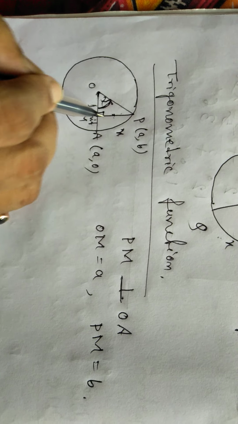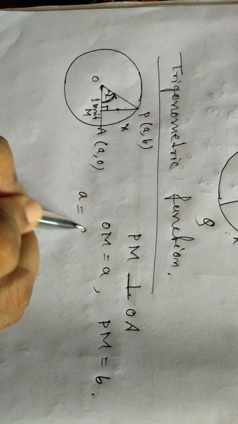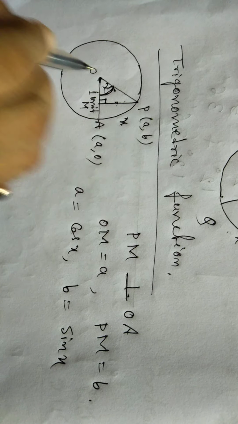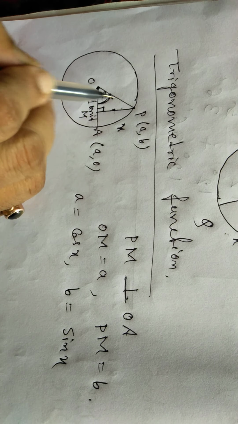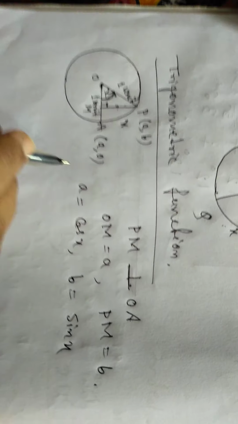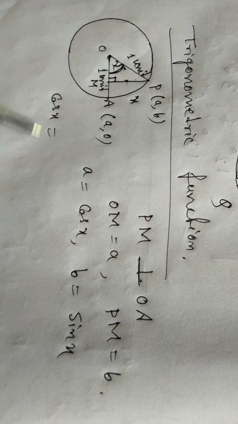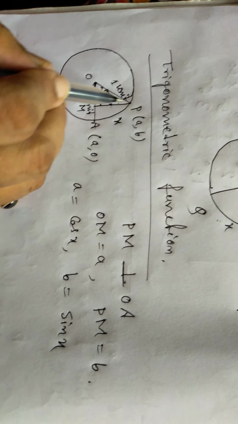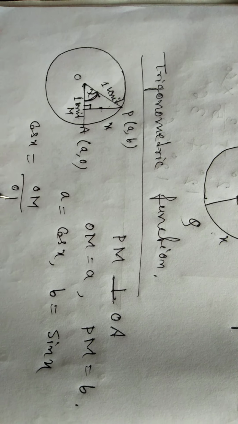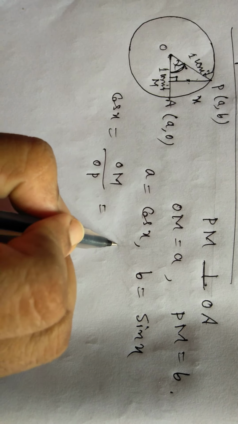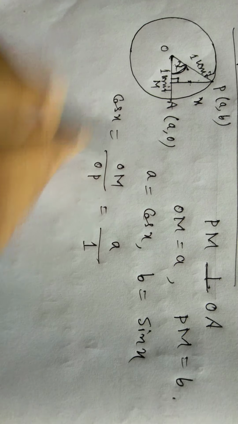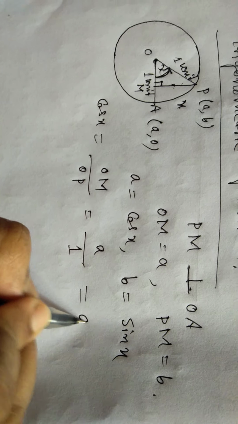So here we can write a equal to cos x, and b equal to sin x, because OP is 1 unit, it is also the radius. Cos x means base by hypotenuse, so OM by OP, and OM is a and OP is 1 unit, so we get a.